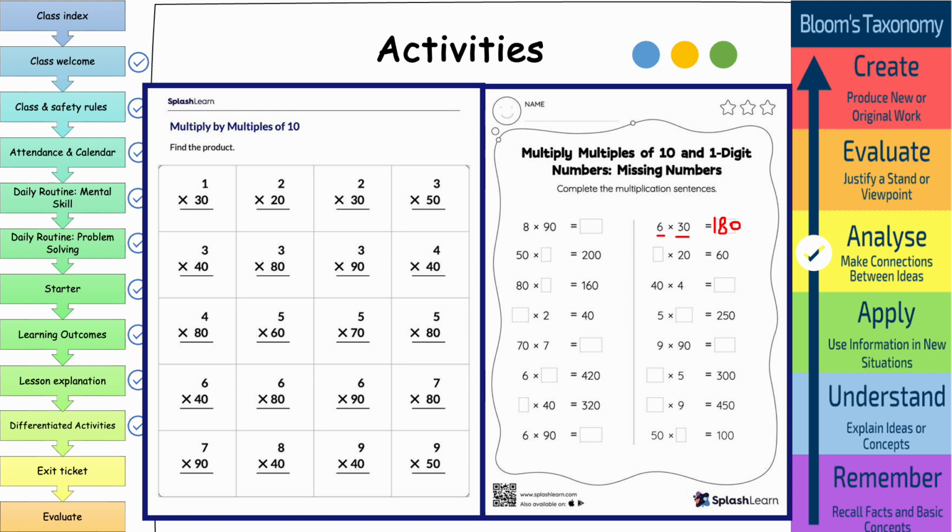Now another question is an unknown number times 2 gives me 40. So what number do I multiply by 2 to get 4? It's 2. So 2 times 2 is 4, but then 1 zero is there, so a 0 should be here. So 20 times 2 is 40, that's correct.